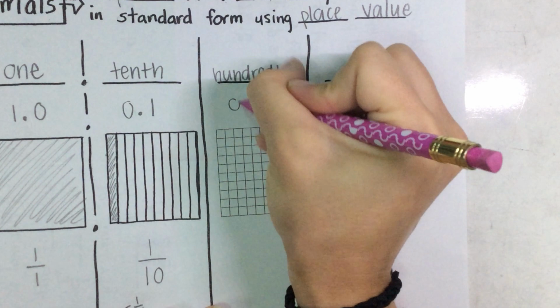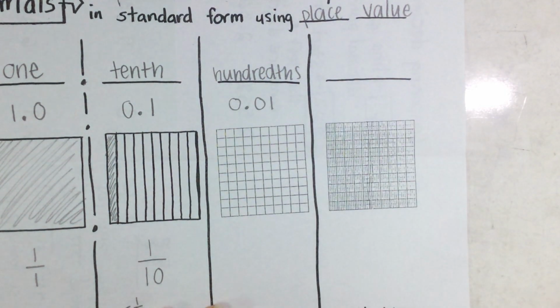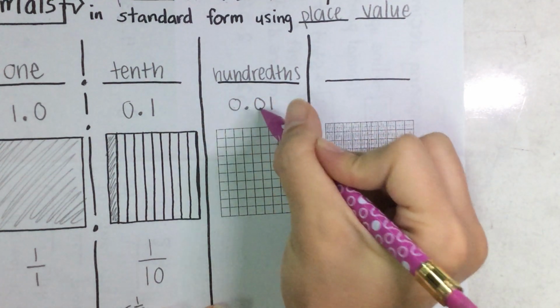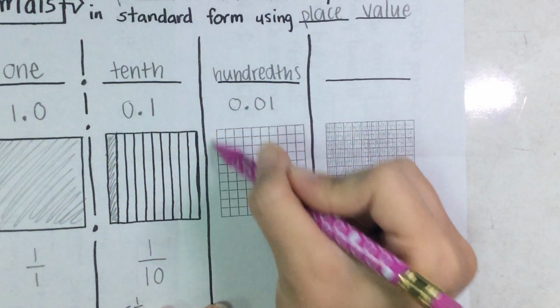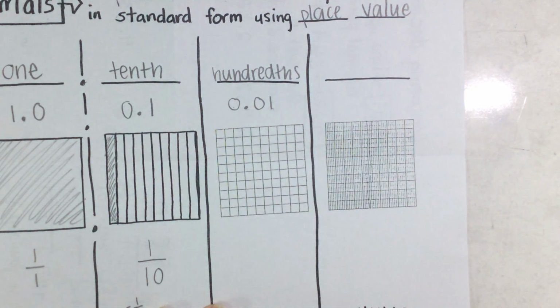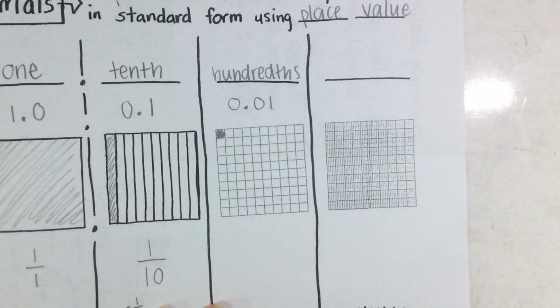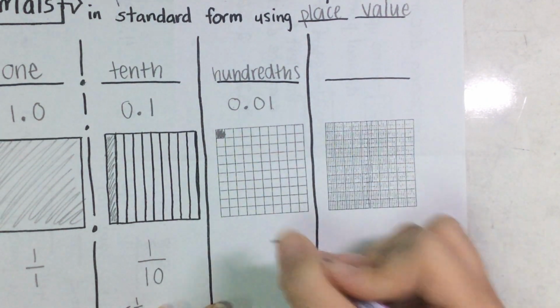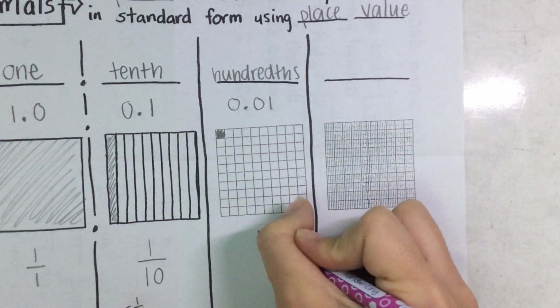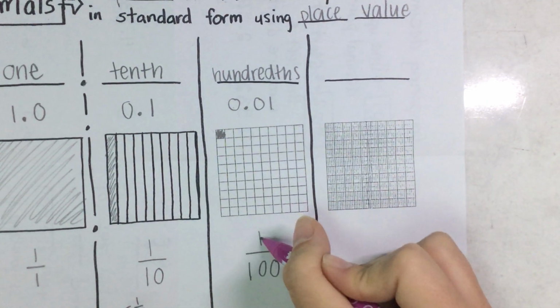And we represent this as decimal point 0.01. Here's our one whole, again a part of our whole. There's 100 little squares, so 1 out of 100 is going to be our hundredth. So shade in just one of those little squares. And we represent this as 1 out of 100, 1/100th.